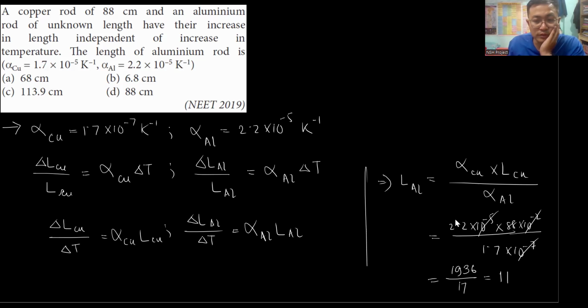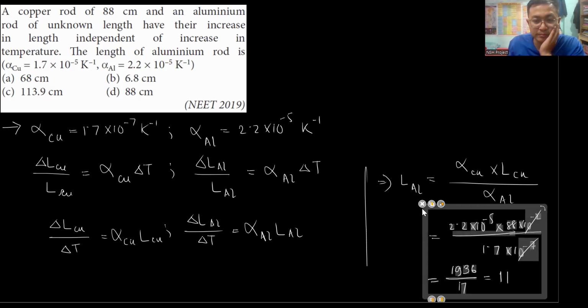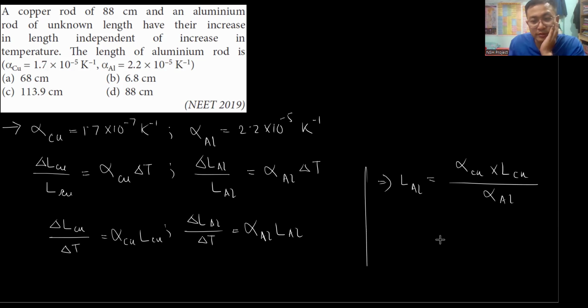So, this is an unnecessary step anyway. Alpha_Cu is 1.7 into 10 to the power minus 5 into L_D, and L_D is 88 into 10 to the power minus 2.